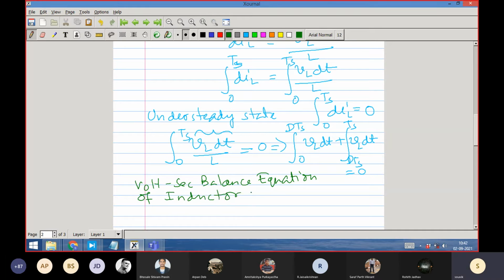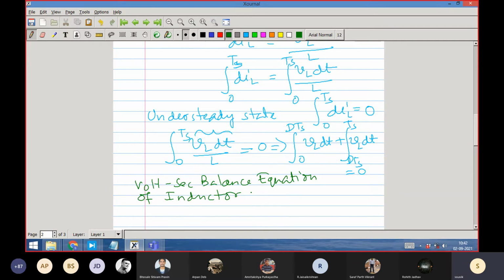That means in a power converter circuit, anywhere there is an inductor, any place, if you are only interested in steady state, you can apply this condition. Why will this be beneficial? Then I will get the relationship between different voltages of the converter.